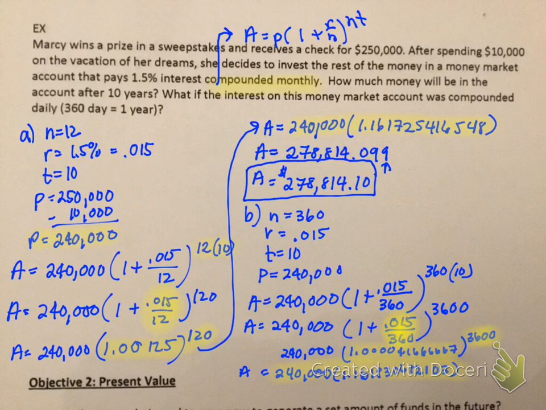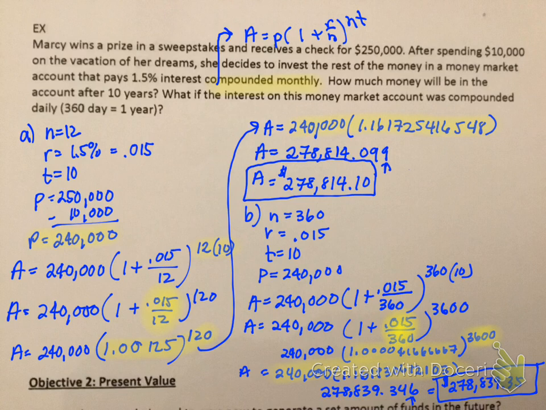And when I do that, I get 278,839.346. Once again, round. So $278,839.35. So that's how much money Marcy is going to make if it's compounded daily.